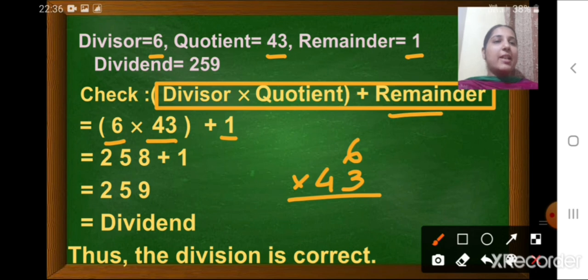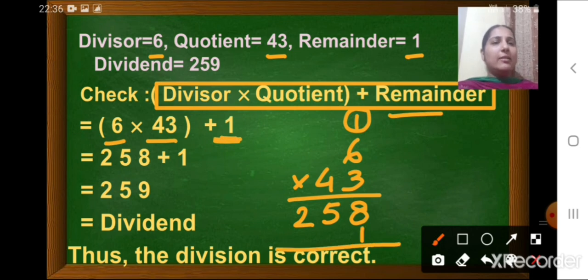So 6 3 times 18. So 8 and 1 will be carried over. Now 6 4 times or 4 6 times 24 plus this one added, 25. And now we'll add 1, that was the remainder, to 8. So what will we get? We'll get 259, which was the dividend here.